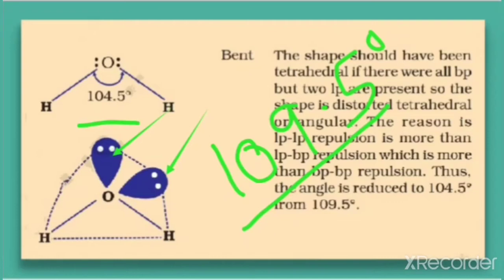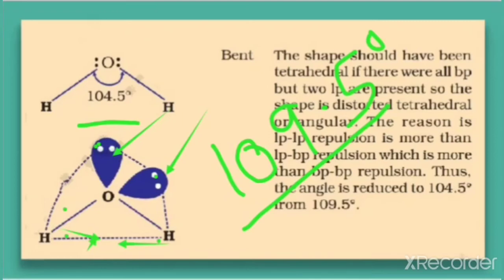Because of the two lone pairs, lone pair repulsion takes place, which is greater than lone pair bond pair repulsion, which is greater than bond pair repulsion. So because of the two lone pairs, the bond pairs will be moved inward. So the angle gets reduced from 109.5 degrees to 104.5 degrees. Thus, the angle is reduced due to the presence of two lone pairs.